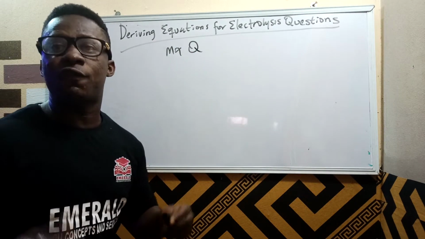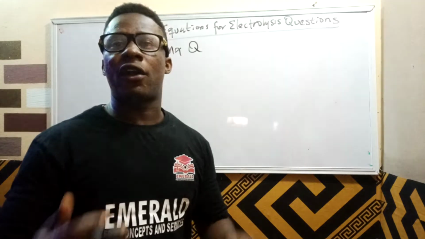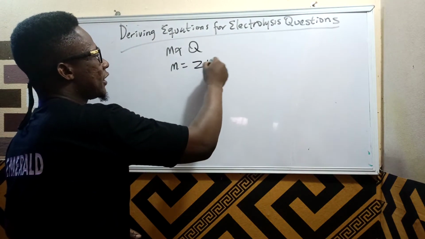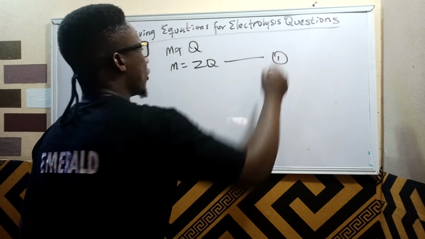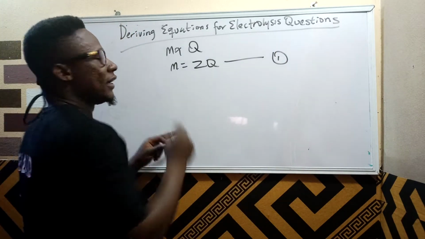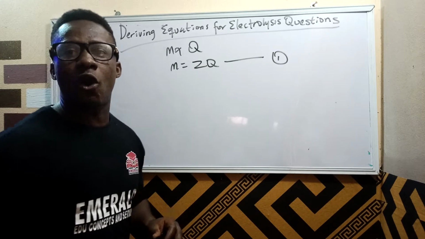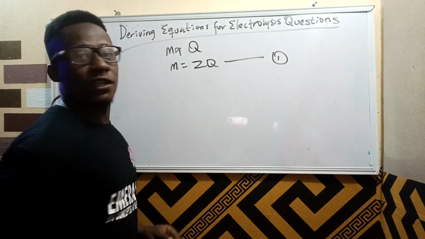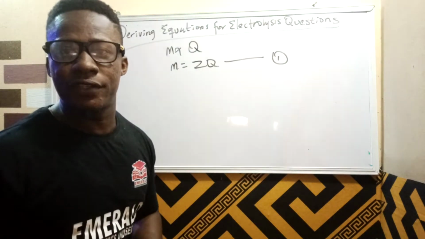Then, of course, we need to find the constant of proportionality. That is, M is equal to ZQ. Let's call this equation 1, where M is the mass, Z is called the electrochemical equivalent, and Q is the quantity of electricity.